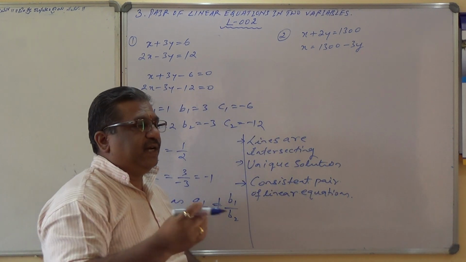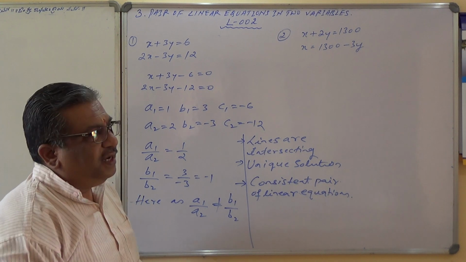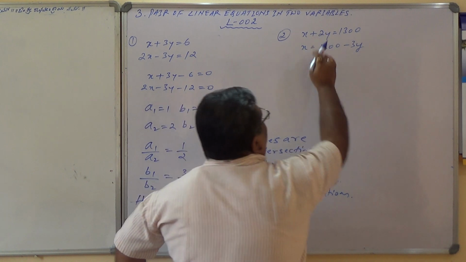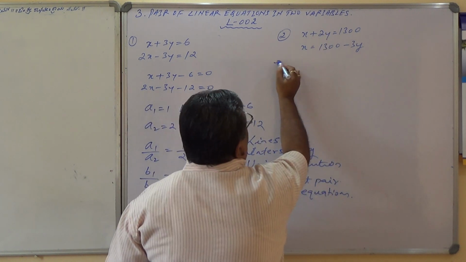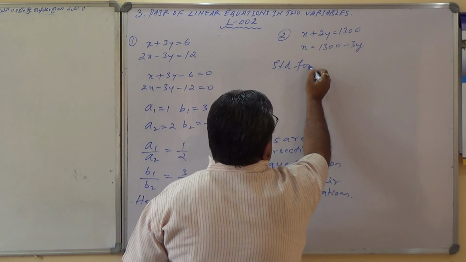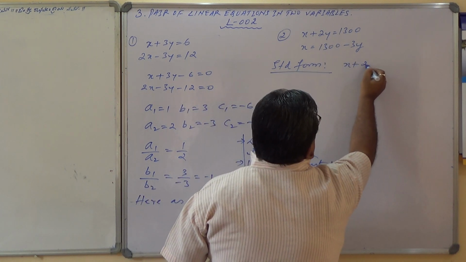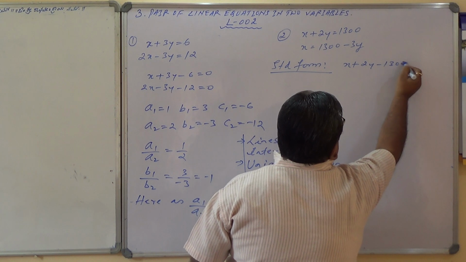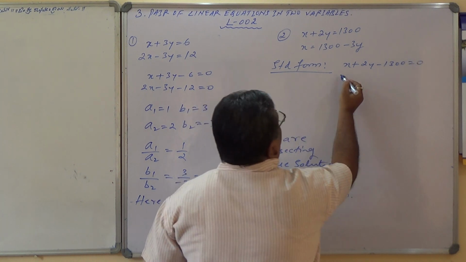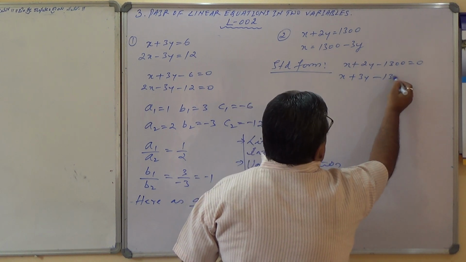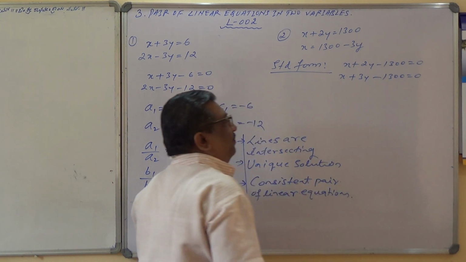Let me convert them to standard form, populate the values of a1, b1, c1, a2, b2, c2 and then take the ratios. Writing in standard form, I get x plus 2y minus 1300 equals 0, x plus 3y minus 1300 equals 0.